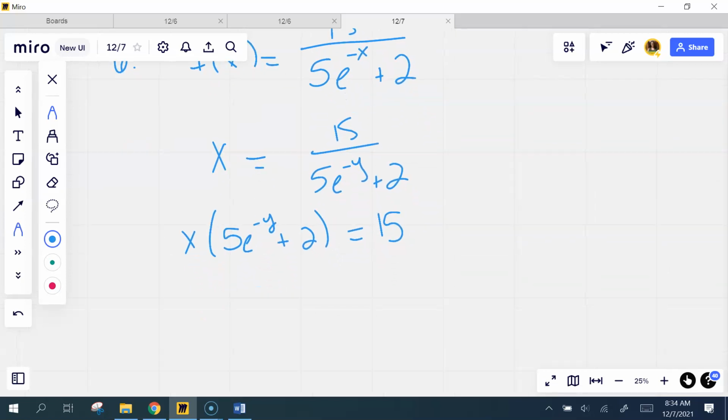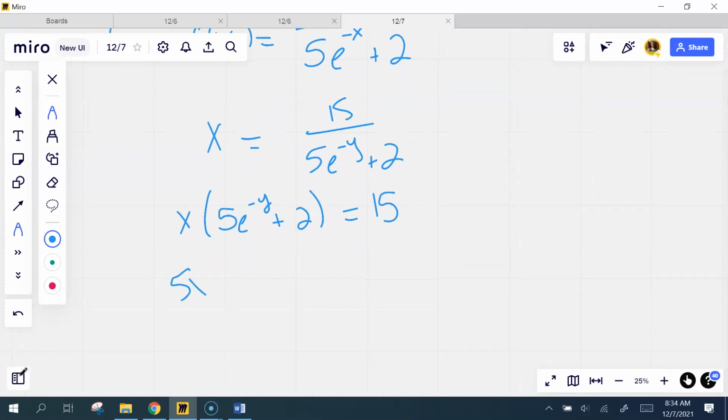I'm going to distribute that x through. Remember, I'm not solving for x this time, I'm solving for y because y is the inverse here. Well, the problem with that is I already had it factored out to start with.